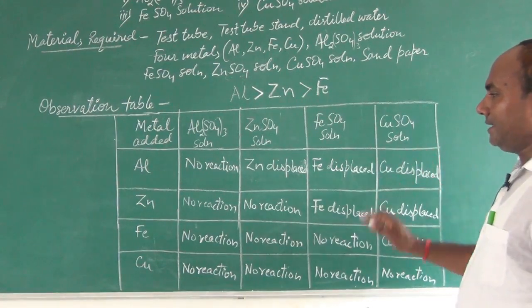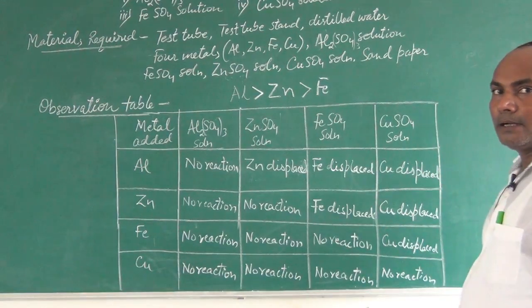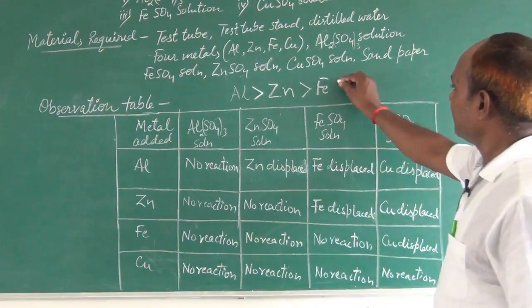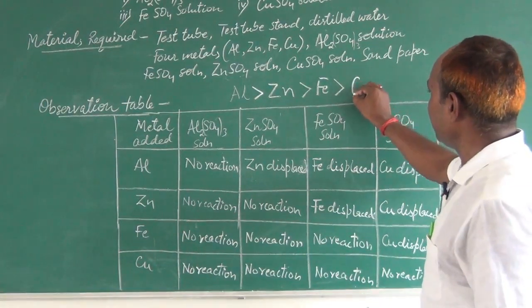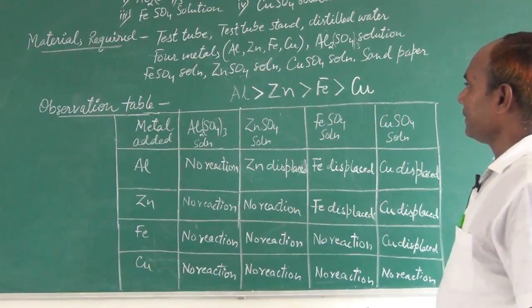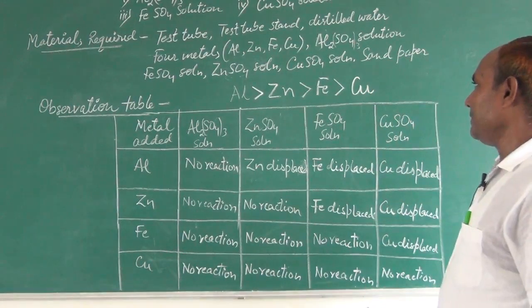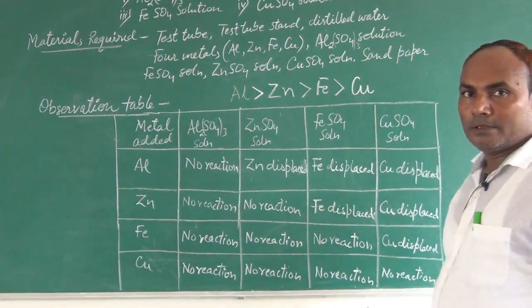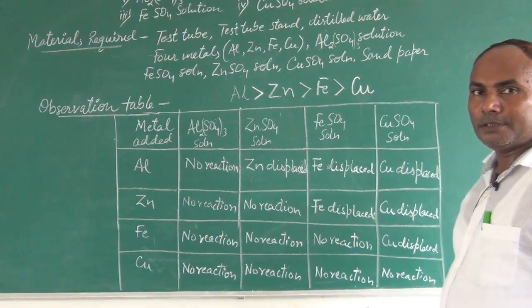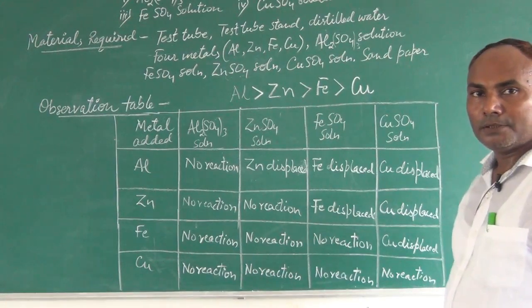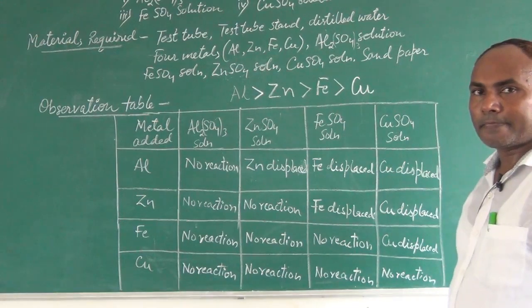It means iron is more reactive than copper. Iron is more reactive than copper. तो इस तरह स्टूडेंट्स, we can find out the reactivity series, or the reactivity of metals, which are more reactive and which are less reactive. Okay, thank you.